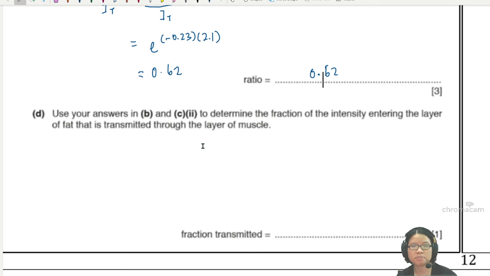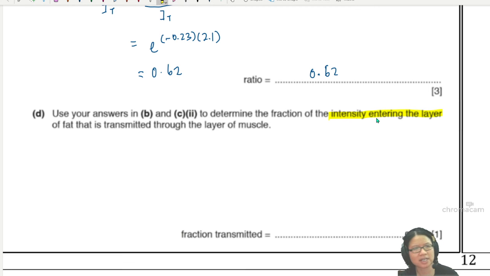Using all this, determine the fraction of intensity entering the layer of fat that is transmitted through the layer of muscle. Pretty interesting stuff. This is 1 mark only.